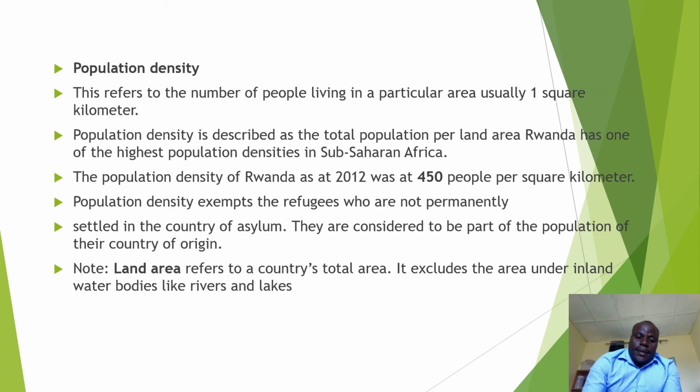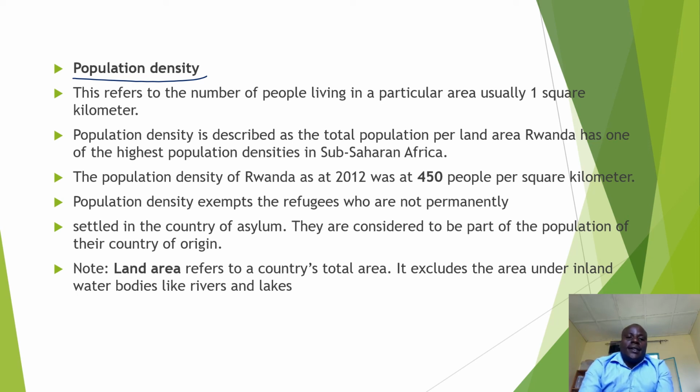Population density. This refers to the number of people living in a particular area, usually a square kilometer. How many people stay in an area equivalent to 1 square kilometer? Let us use that example.